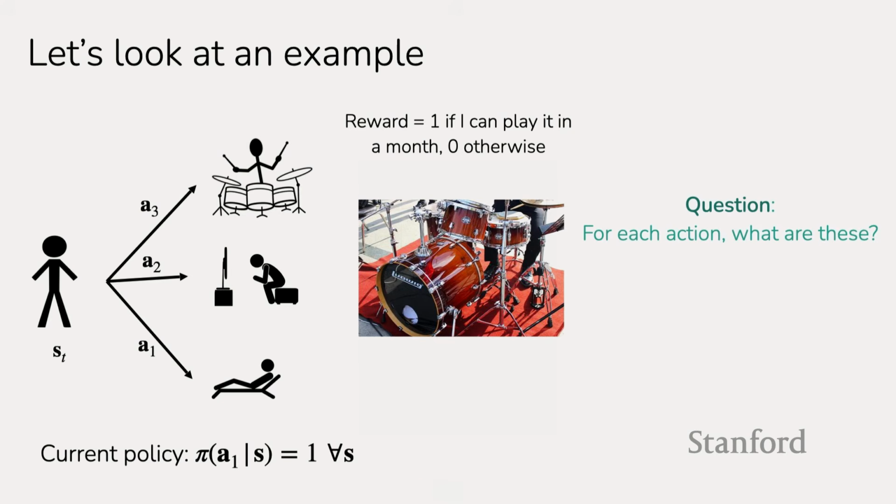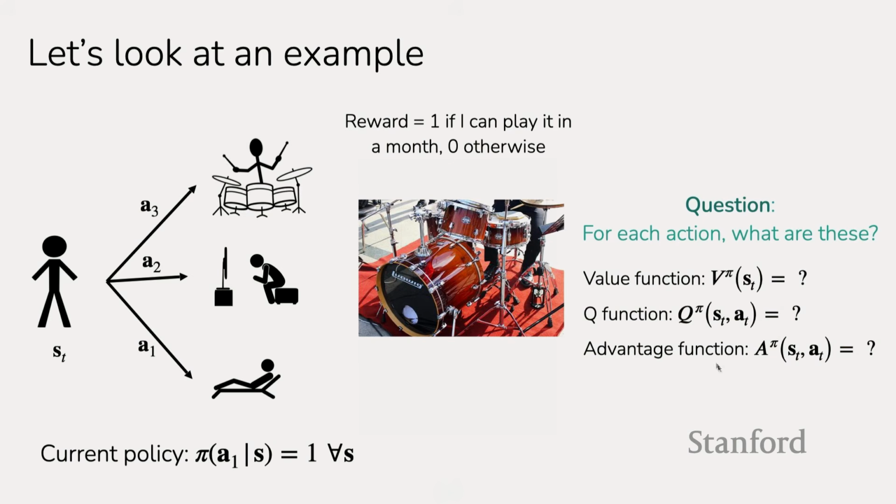Now, my question for you to think about is, what are each of these quantities for the action A1, for the action A2, and for the action A3? Specifically, what is the value function of your current state for this policy?